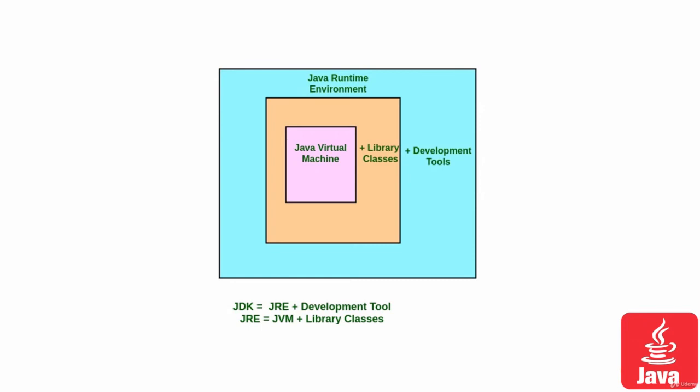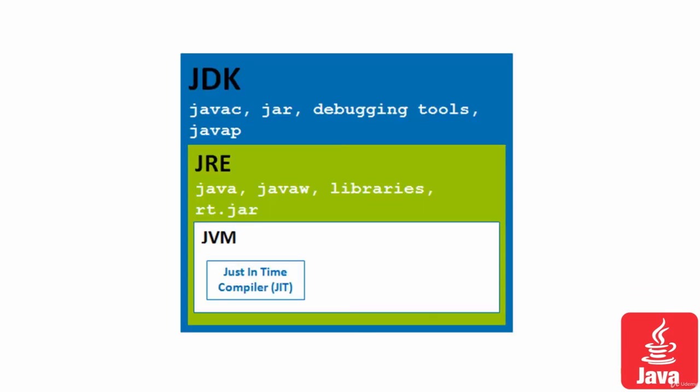Here the JVM comes with library classes to define the runtime environment, and if you add the development tools, it will be JDK. So there are different tools that are provided with JRE and JDK. With JRE, you get the Java interpreter, java, different libraries, and different sets of jar files.